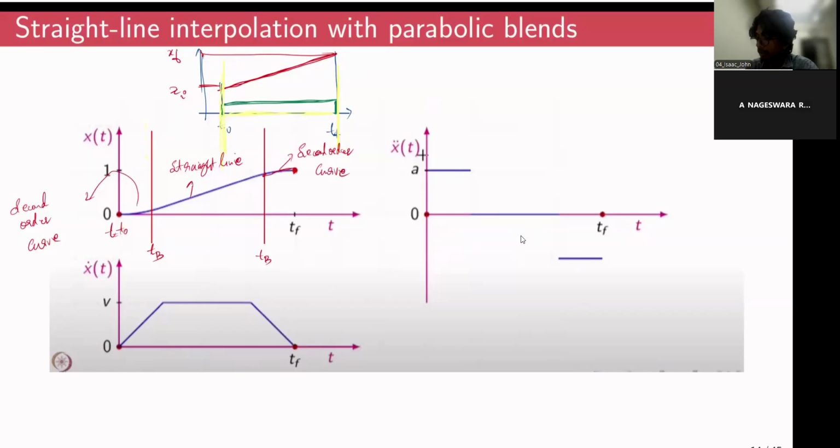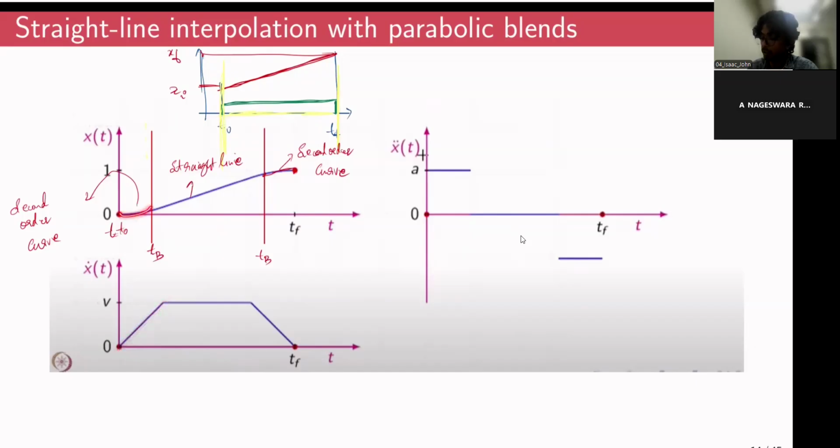Right? So depending upon your preference on this blending time, the blending can be very gradual, or it can be very sharp, or it can be very smooth and very gradual. If you consider the velocity profile for this blending period, this is a second order curve, and your velocity would be a first order curve actually.